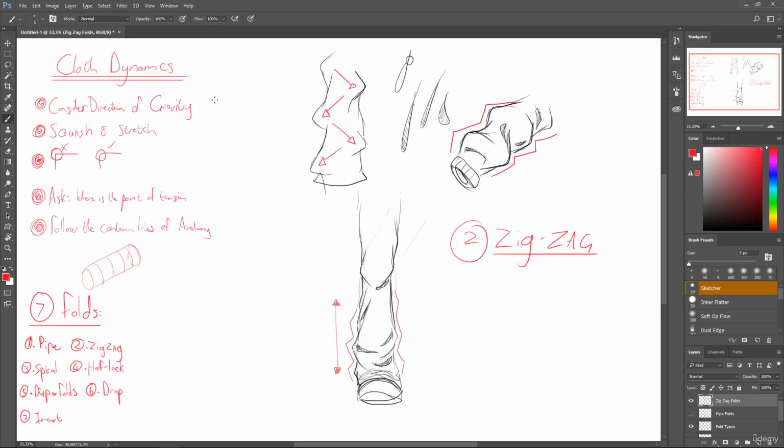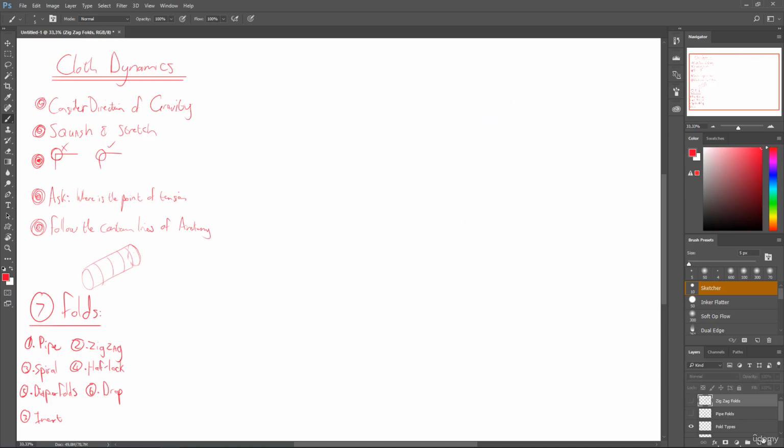Asymmetry, and of course these rules here are quite key to implementing these basic fold types. Also, you would do well to memorize these 7 fold types and use them where you need to. You don't need to make drawing clothing overly complicated for yourself. Just memorize them, remember the basic rules, be loose, and off you go.